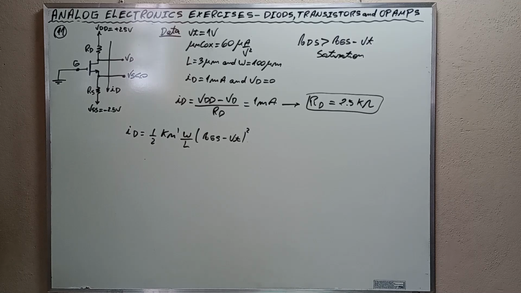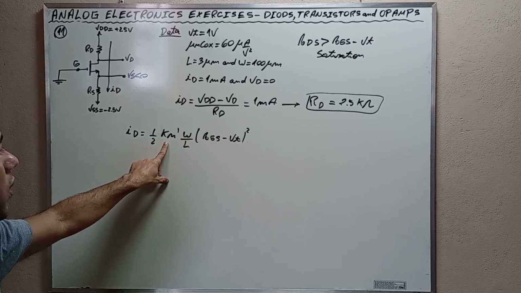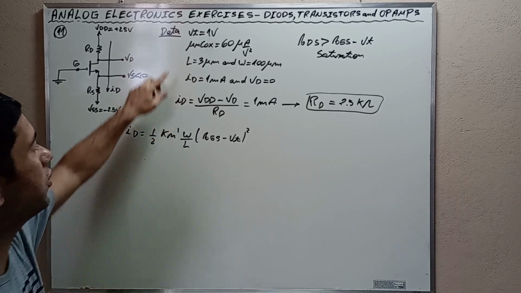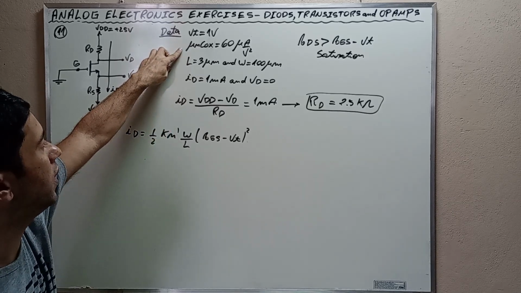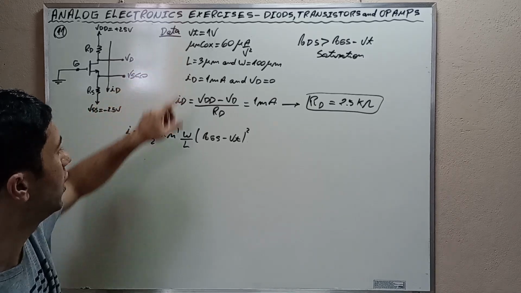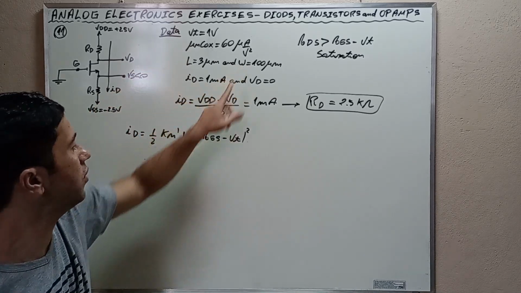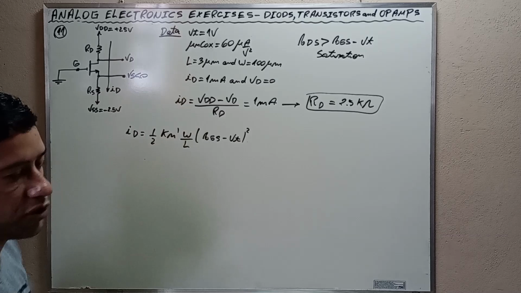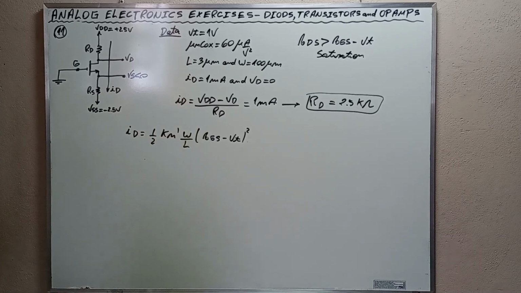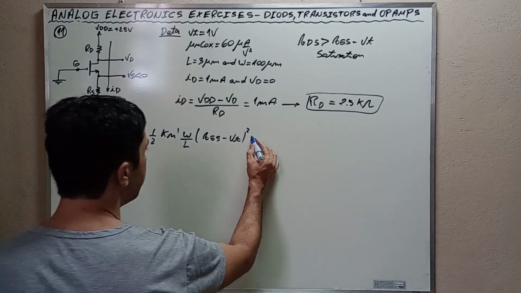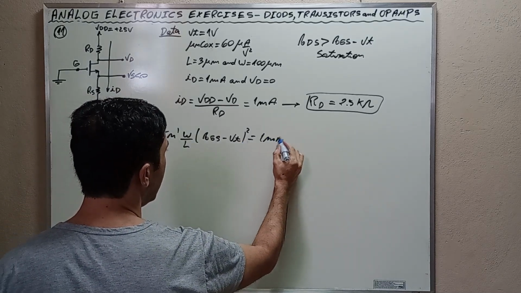We need to just substitute the values. Kn prime is equal to mu n COX, W is this, L is this, just using the values, and we find that ultimately, and we have to equal this to 1 milliamp.